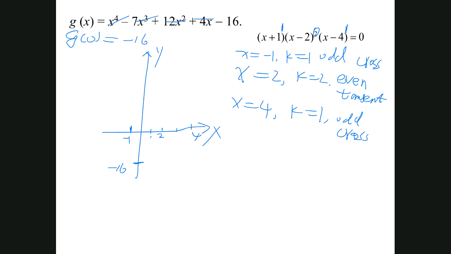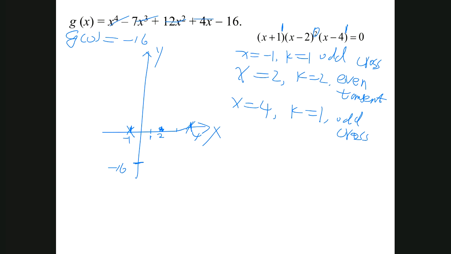So what does that mean? That means x equal to negative 1, k is 1, so this point is crossing. X equal to 2, k is equal to 2, so this point is a tangent point. And x equal to 4, this is also a crossing point. So I like to use a crossing point like this one and then mark this one right here.